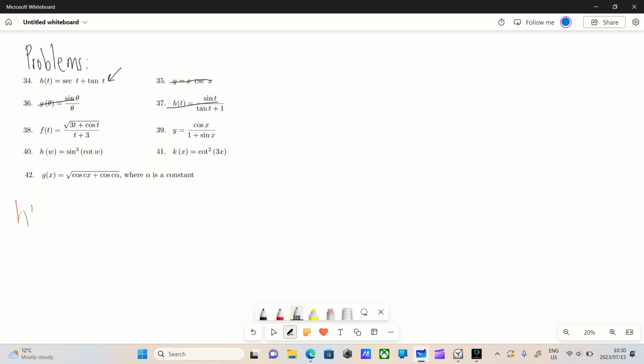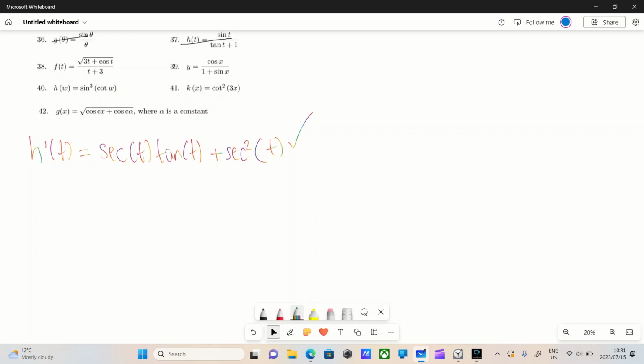Therefore, the derivative of h of t is equal to the derivative of secant t, which is secant t tangent t, plus the derivative of tangent, which is secant squared t. I am 90% sure. I think it's right. High probability that it's right.